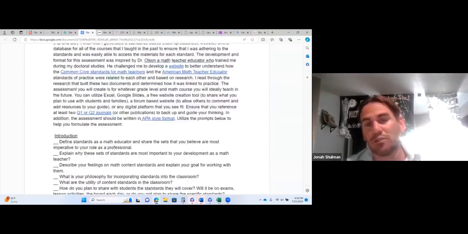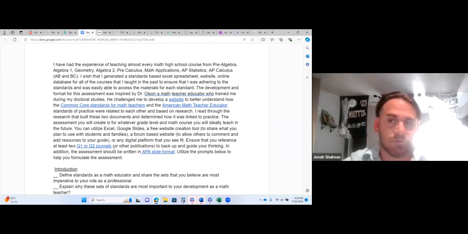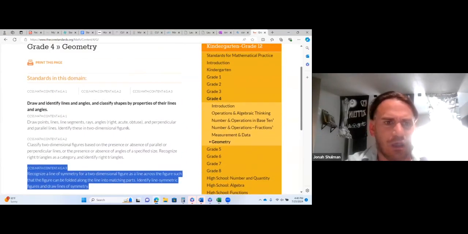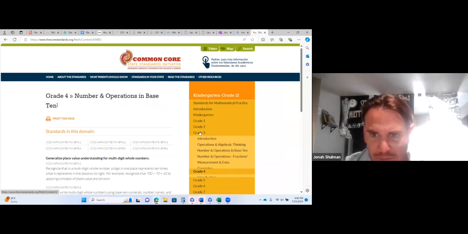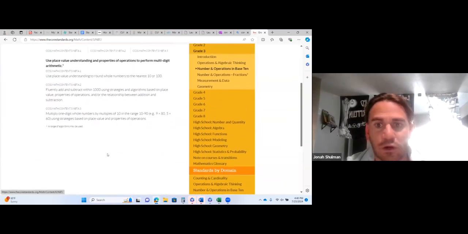So this one's pretty hard to do. You've got to build like an entire breakdown based on the class you're planning to teach, using the standards and having like the links to before and after. So a lot of these Common Core standards, they say what they're connected to. You know, if we have grade 3 numbers and operations, we're teaching grade 3, you should be able to be aware of the ones right before so you know what it's connected to, right?